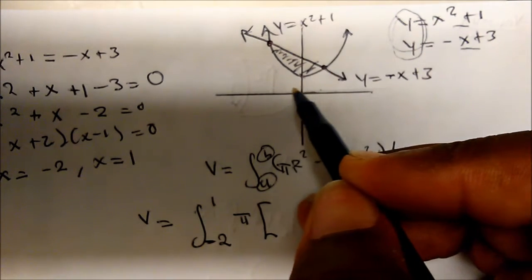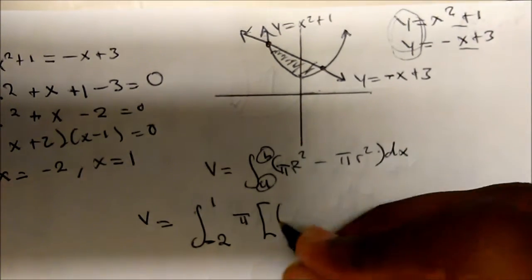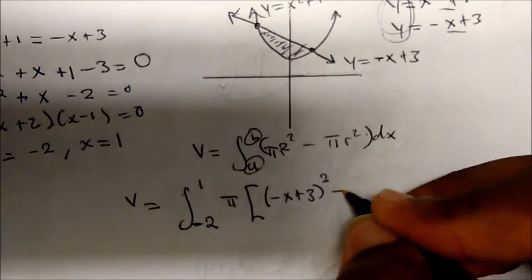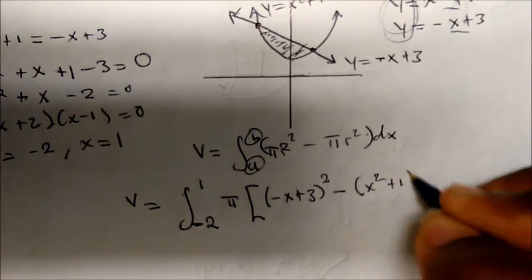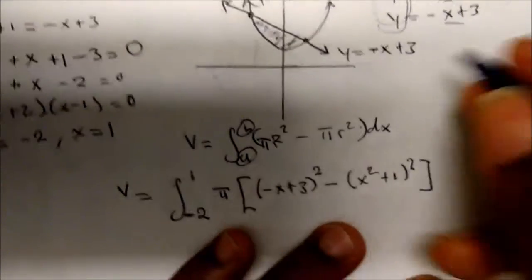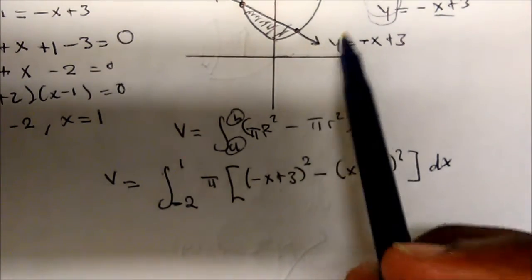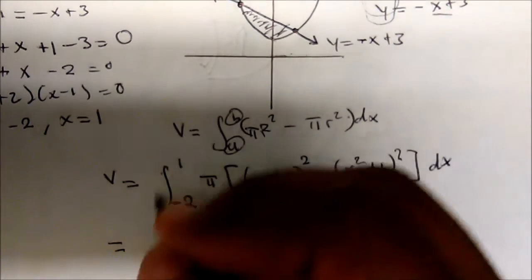So this is the top function. Walking along the x-axis, my top function is negative x plus 3. So this is negative x plus 3 squared minus, well, what's my lower function? That has to be x squared plus 1 squared. And don't forget, we got to attach our dx since we're integrating with respect to x. Now this becomes a simple integration.